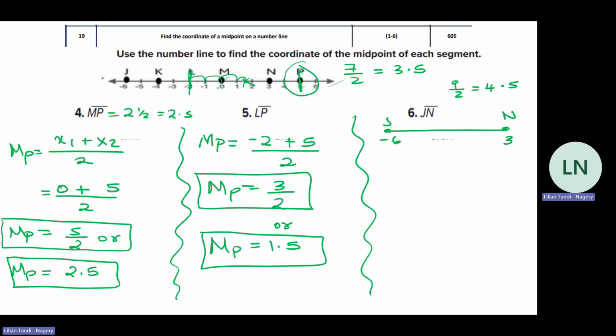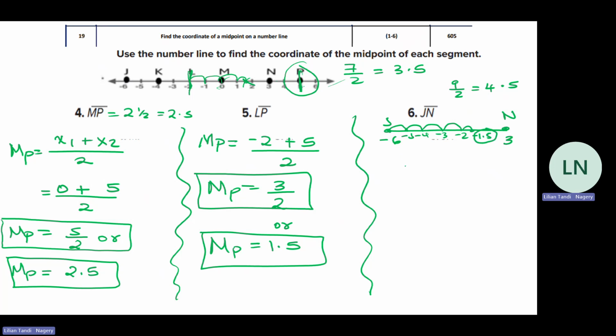So 4.5 spaces will be 1, 2, 3, 4.5. There. Okay. So -5, -4, -3, -2, -1.5. Okay. That should be your answer.